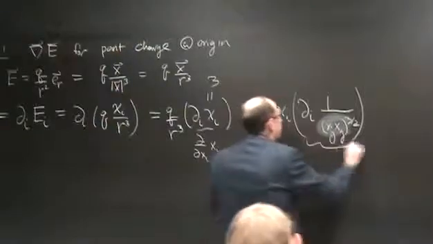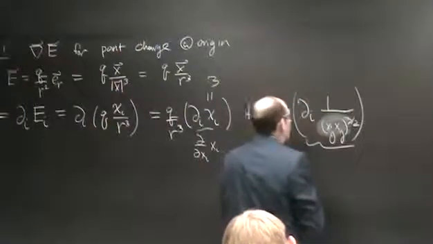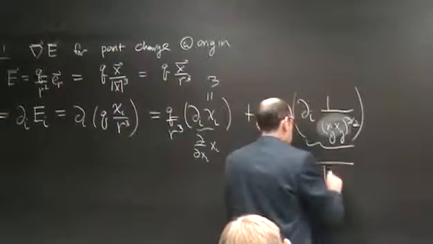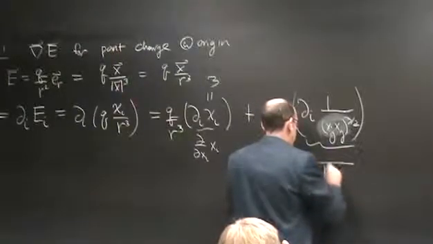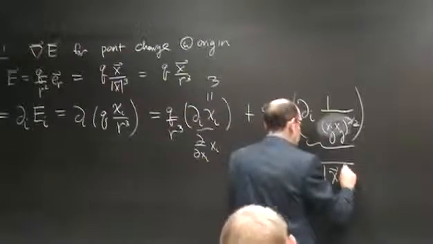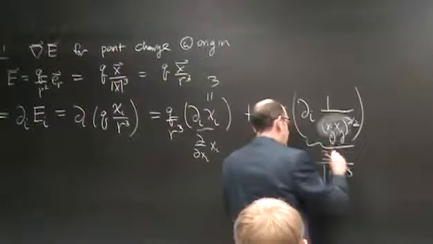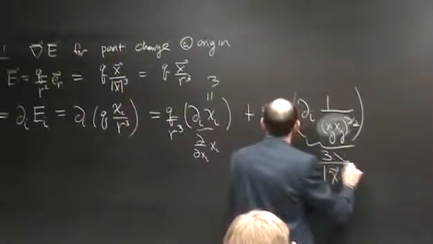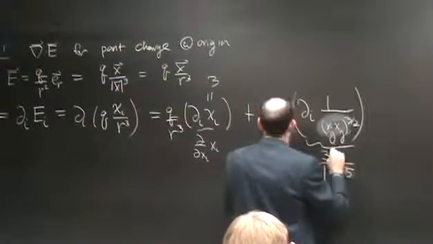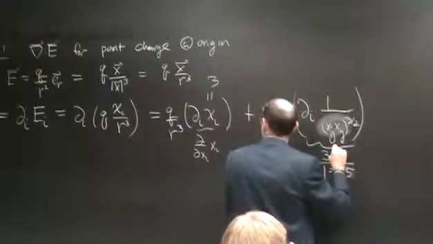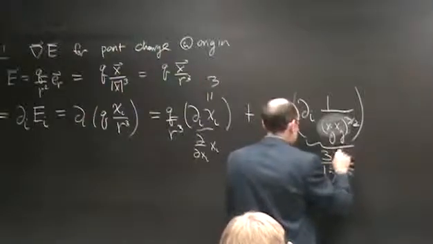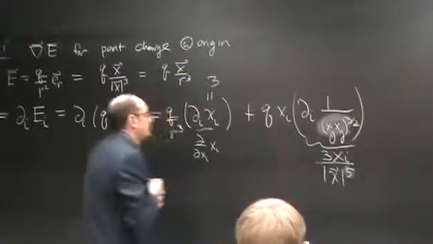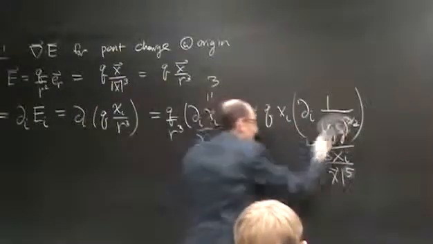So I have to take that derivative, and what I get is the magnitude of x to the fifth, times 3, or 5th, sorry, x i. Minus sign, sorry, minus.